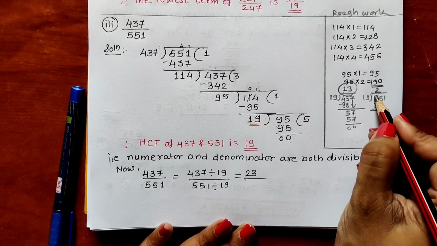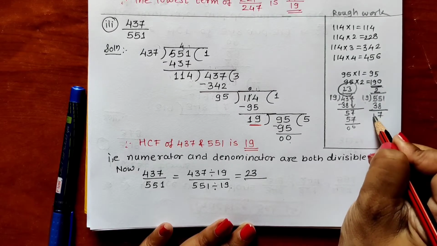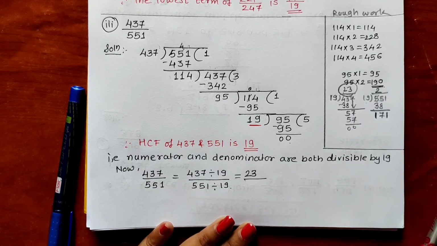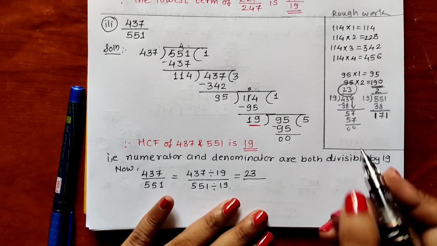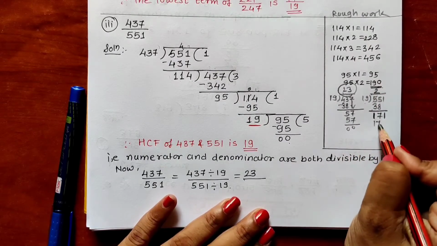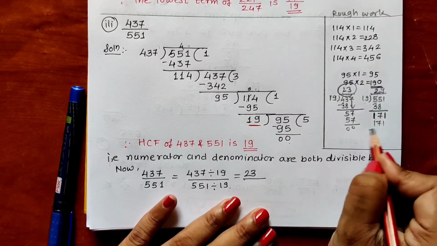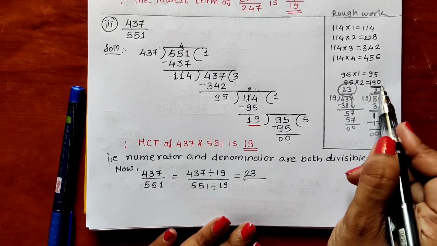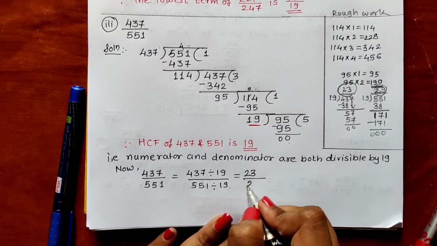And then here 4 we have to write. 4 minus 3 is 1. So 171. 19 nines are 171. So in this way we got 29 as the answer of this division.